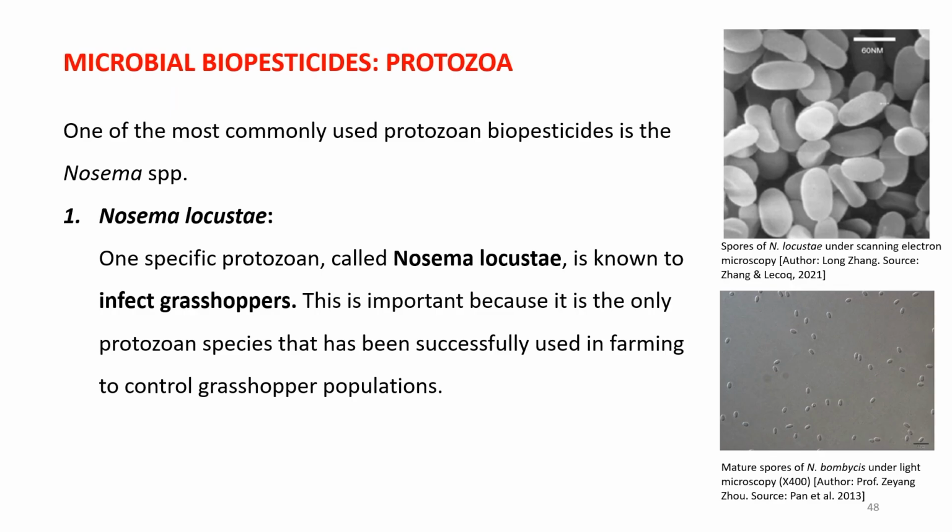One of the most commonly used protozoan biopesticides in spite of these is the Nosema species. So, we have the Nosema locustae, which is known to infect grasshoppers. This is important because it is the only protozoan species that has been successfully used in farming to control grasshopper populations.